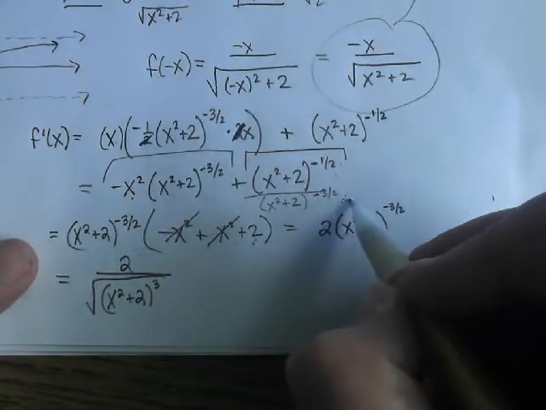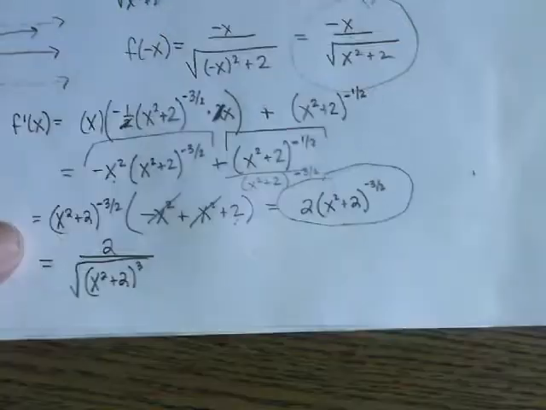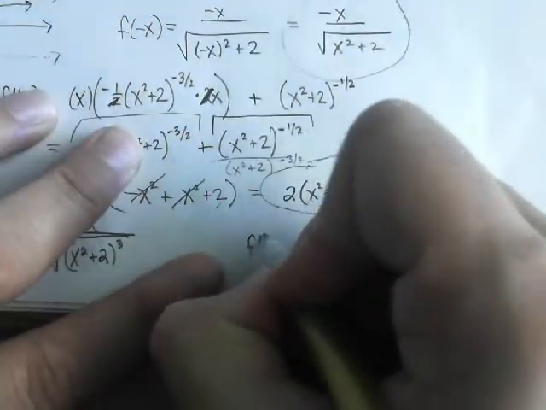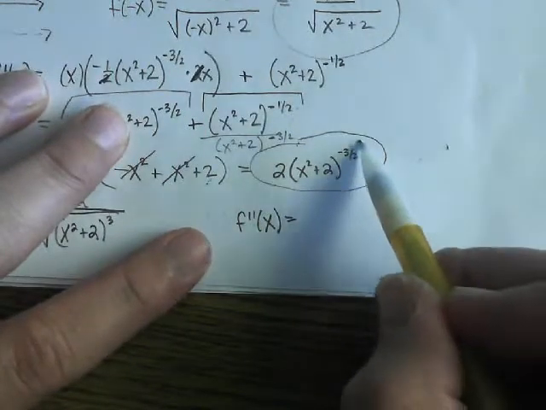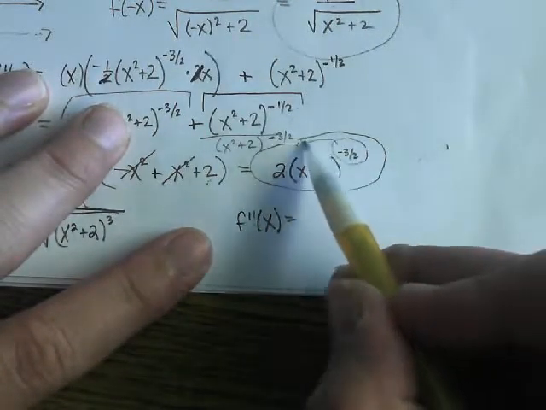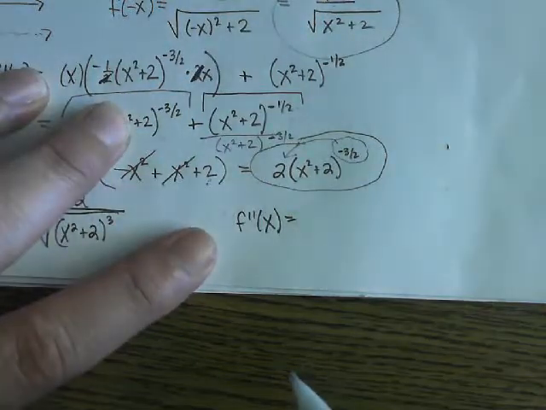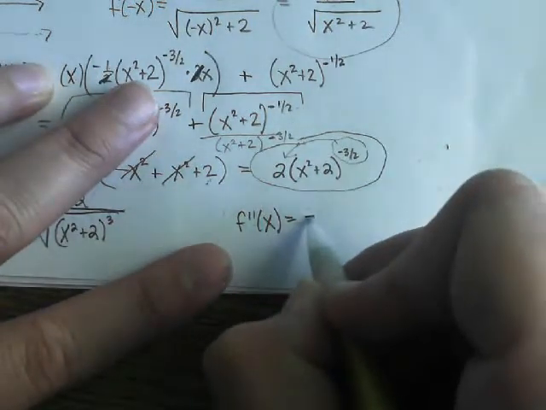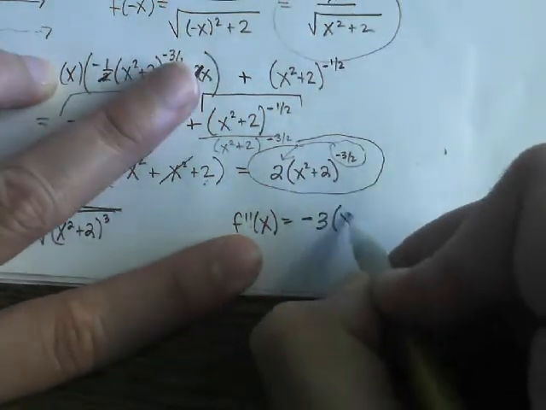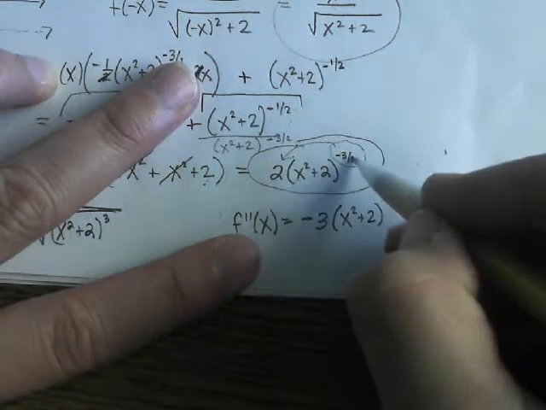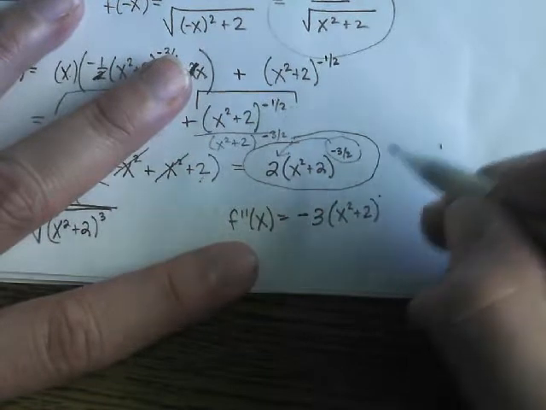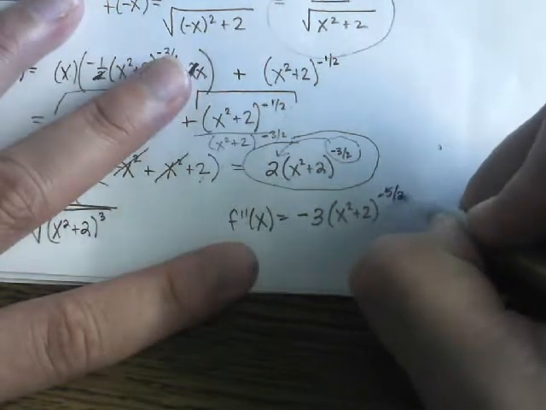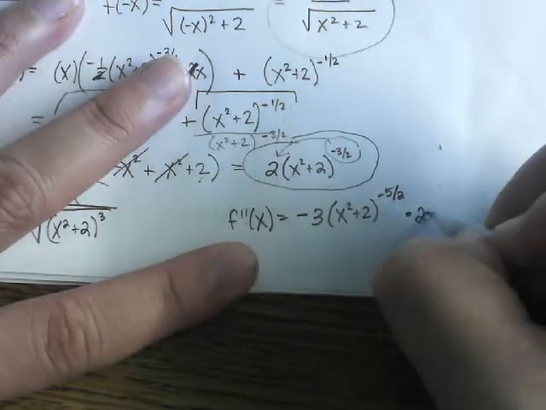So when I bring the negative 3/2 out in front times 2, what's that give me? Negative 3. And then negative 3/2 gets dropped to negative 5/2 times the derivative of what's inside, which would be 2x. So the second derivative is just negative 6x over the square root of x squared plus 2 to the 5th power.